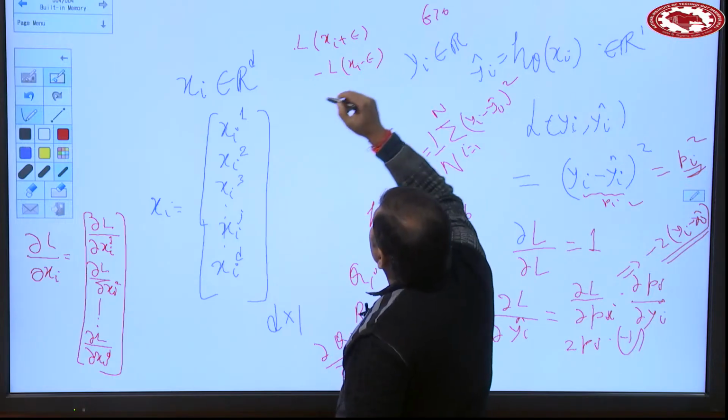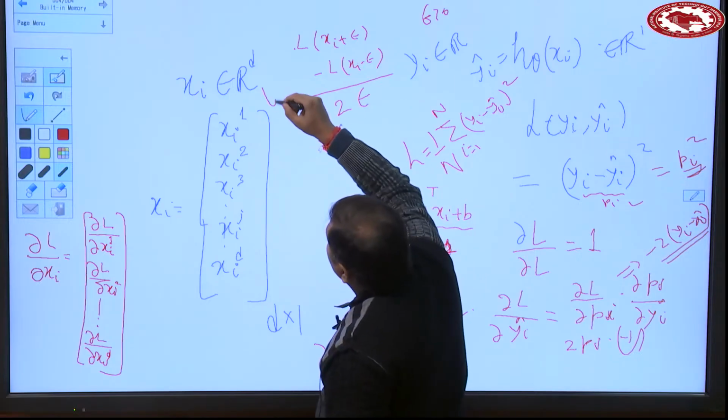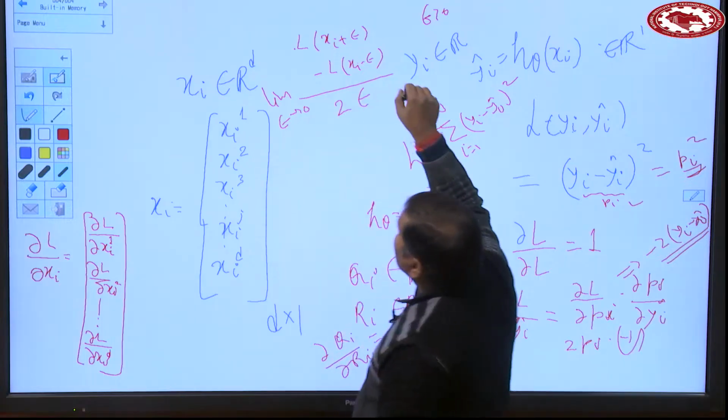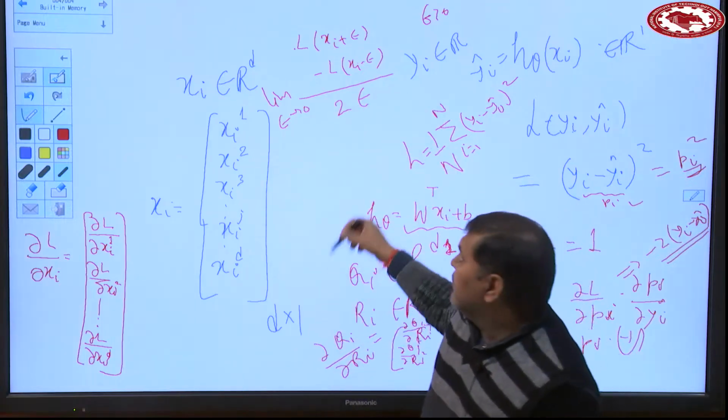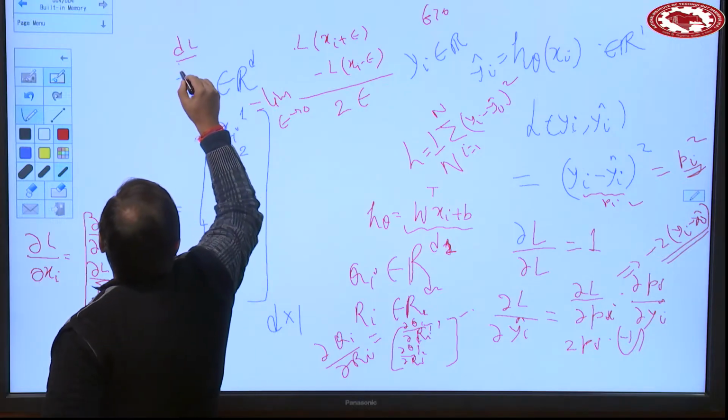You divide that by 2 epsilon and take the limit as epsilon tends to 0. This defines the gradient, if you remember. So this is dLi by dx.